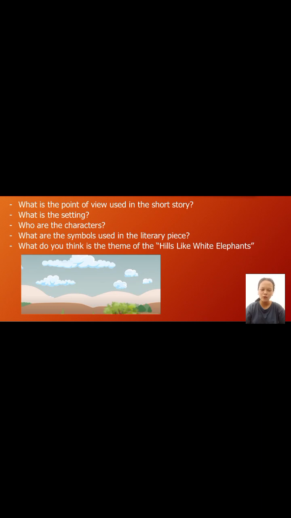Next, who are the characters in the story? How many are there? If you answered 2, you are wrong. There were actually 3 characters in the story: the American man, the girl Jig, and the waitress, the one who brought the drinks for the 2 main characters.